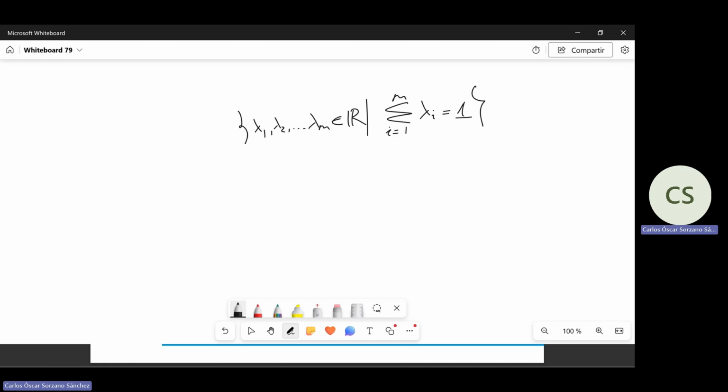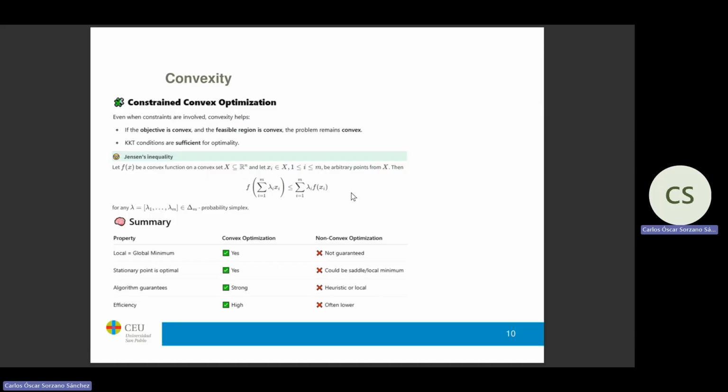So it is a probability distribution. That is called the probability simplex. Very good. And this probability simplex can be scaled. So I can multiply by delta m. So the sum is not equal to 1, but the sum is equal to delta m.